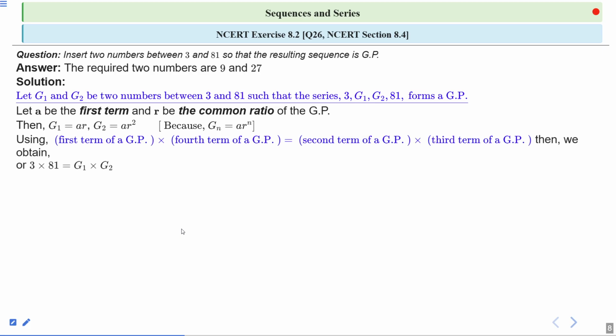Using this formula, the first term of a GP multiplied with the fourth term equals the second term multiplied with the third term.